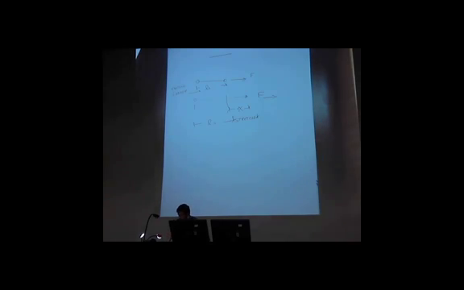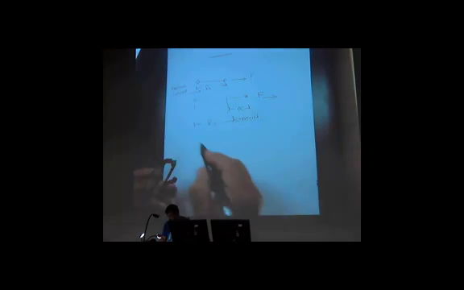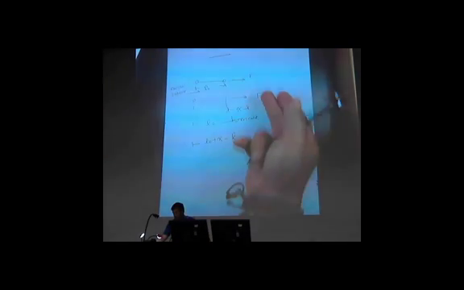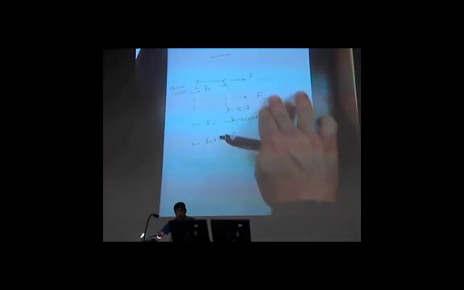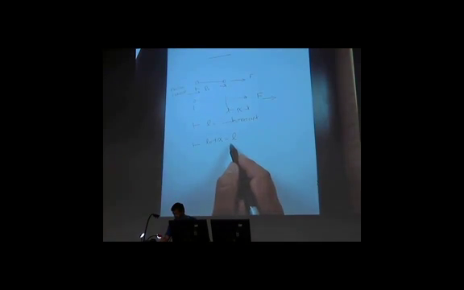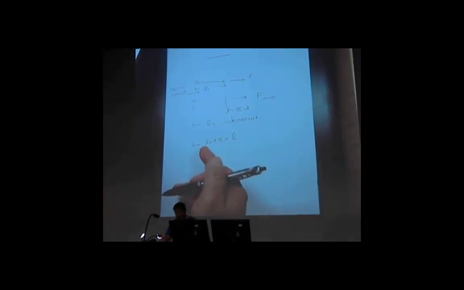Such that the length of the string is the sum of the resting length plus the stretch. Yes, that's kind of obvious. When there is no force, when the force is 0, the length of the string is equal to its resting length, simply because the stretch would be 0.